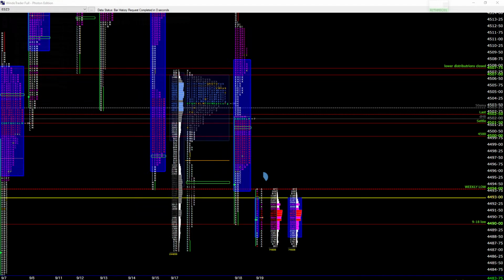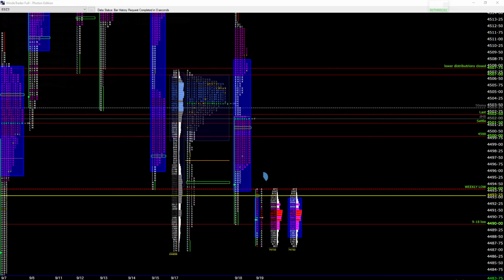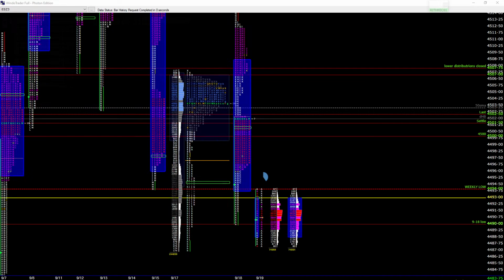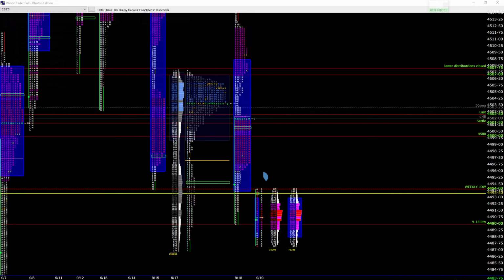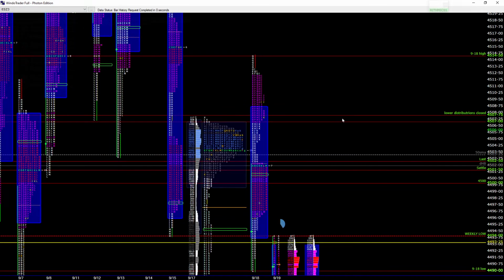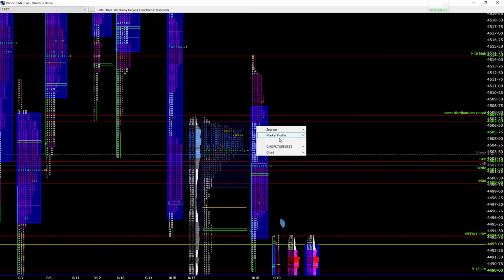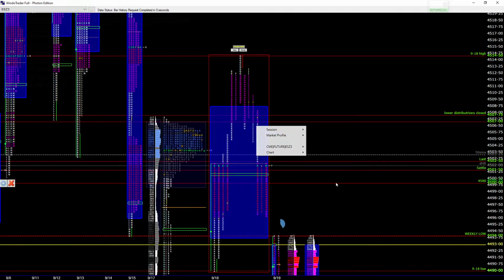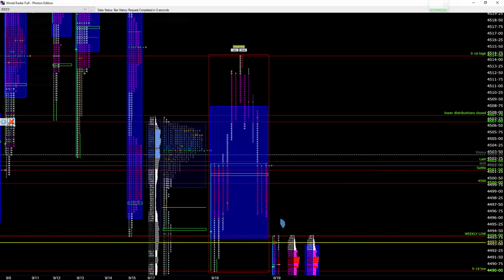And if I check my daily charts, what level do I have there? 4508 is the potential level, here. What is this level? Why did I put this red here? No, there's nothing here. Lower distribution, this was the distribution close.